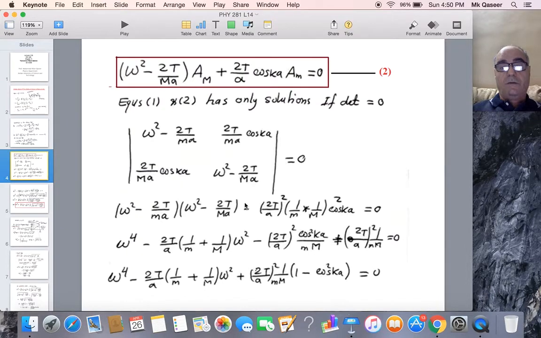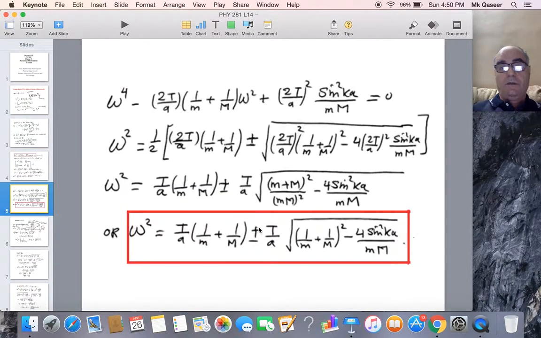Now solving this equation, we get the dispersion relation, which is given by this expression: omega square equals t over a times 1 over m plus 1 over M, plus or minus t over a times the square root of this thing. We have two roots here.